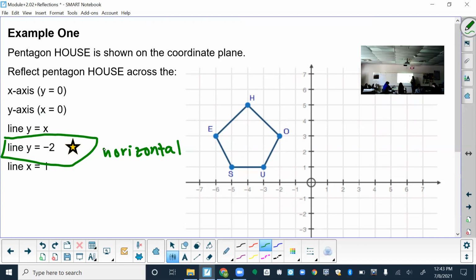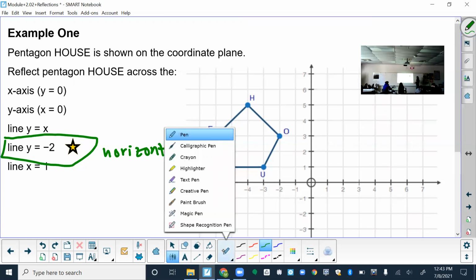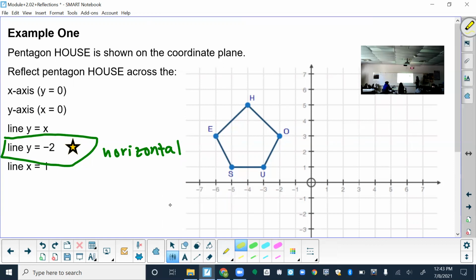So if I find negative 2 for my y value, find it on your y-axis, it's down here. If I draw a horizontal line through it, all those y values will be negative 2. Does that make sense? Right, so right here is where my reflection will be.